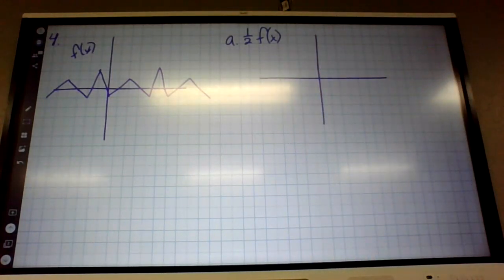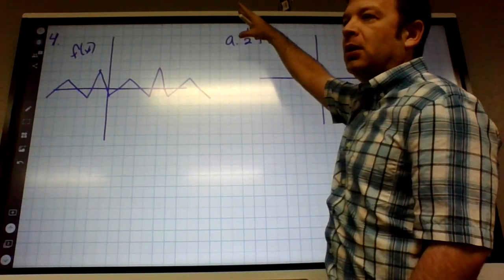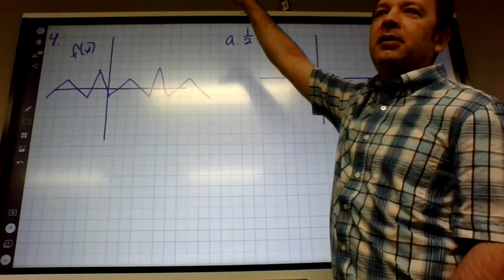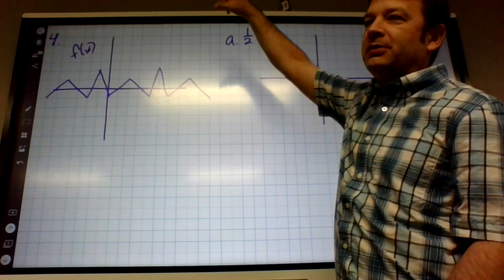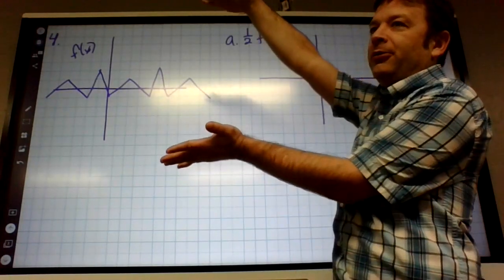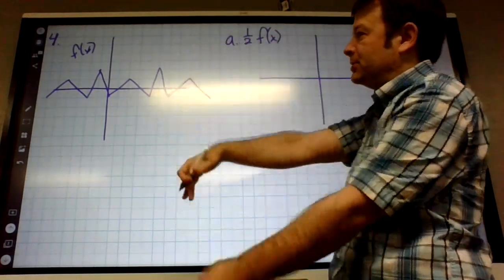So what happens when you do 1/2 times the function or 2 times the function or whatever? If you multiply everything by half, all the y values are gonna be half as big, so it's like a vertical squish.